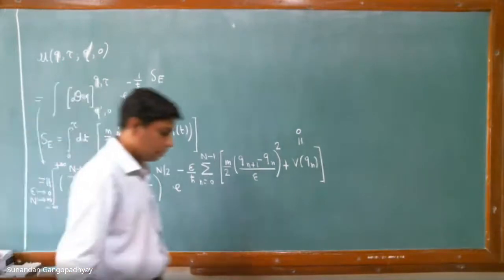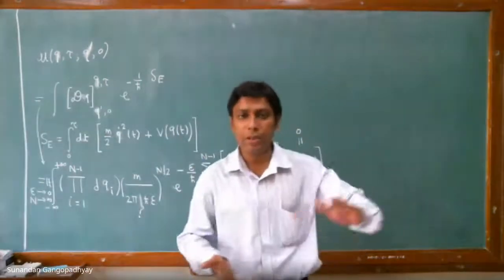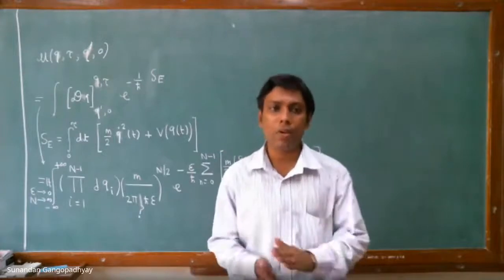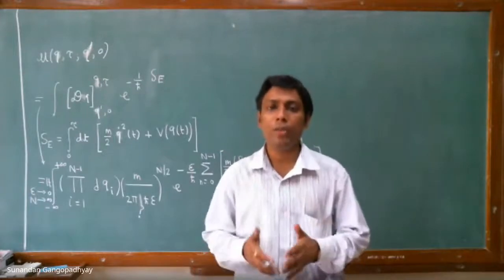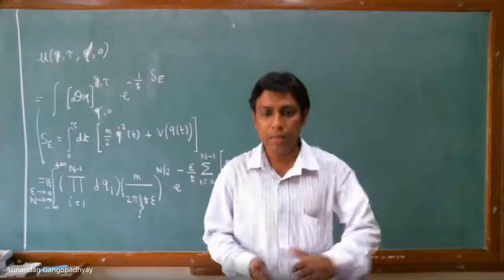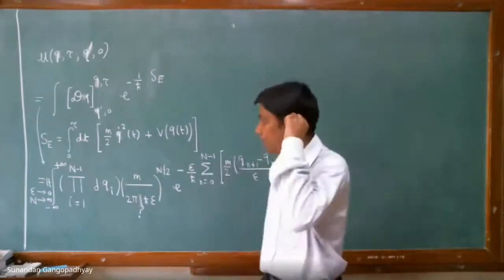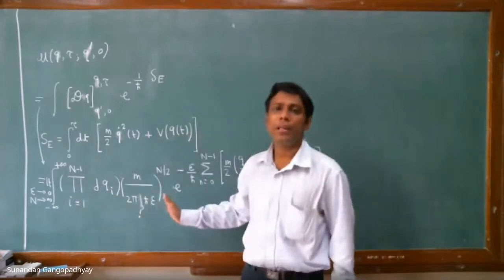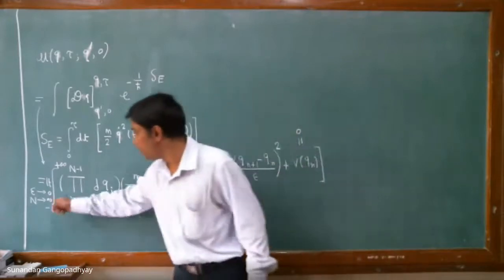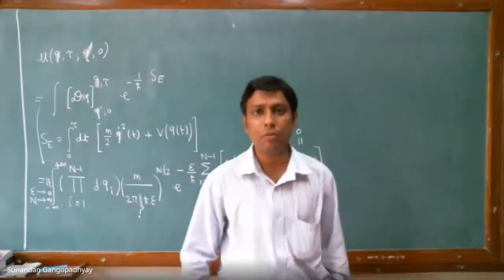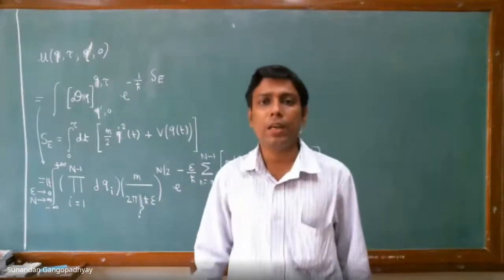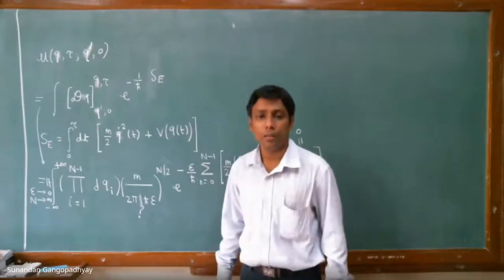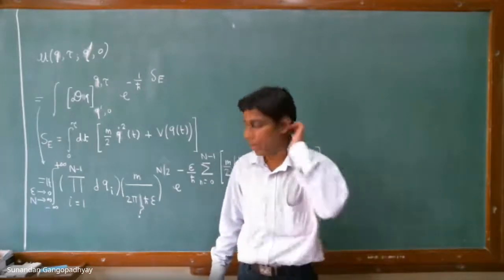So you have divided the time interval into N slices, and each time interval is infinitesimally small. So you have infinitely many time slices. Therefore, you have to perform an infinite number of integrals from minus infinity to plus infinity. We have done it earlier for the free particle case, but now we want to do it for the Euclidean case, in the imaginary time format.